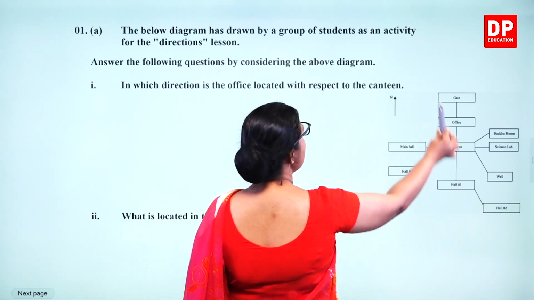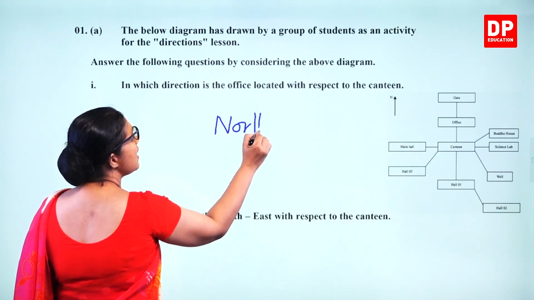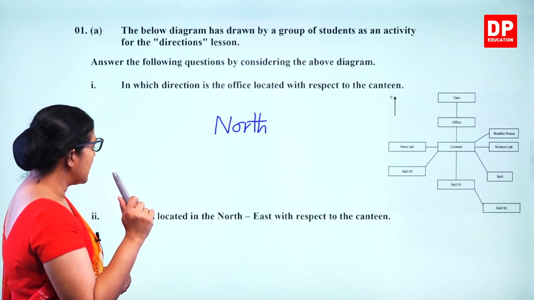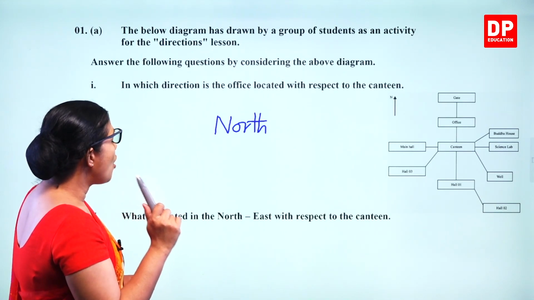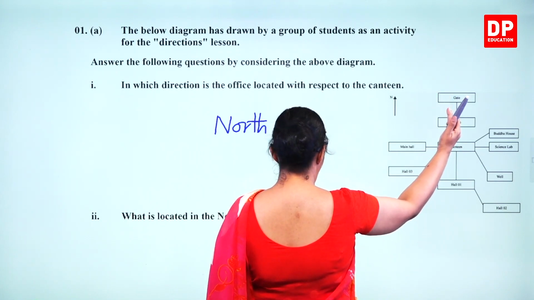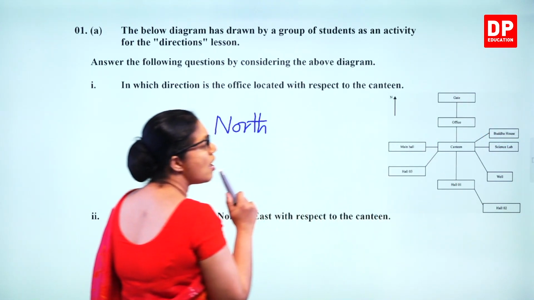So the office is to the north side because here you can see it's marked north is upwards. What is located in the northeast with respect to the canteen? Canteen is here. North east, this side, Buddha house.